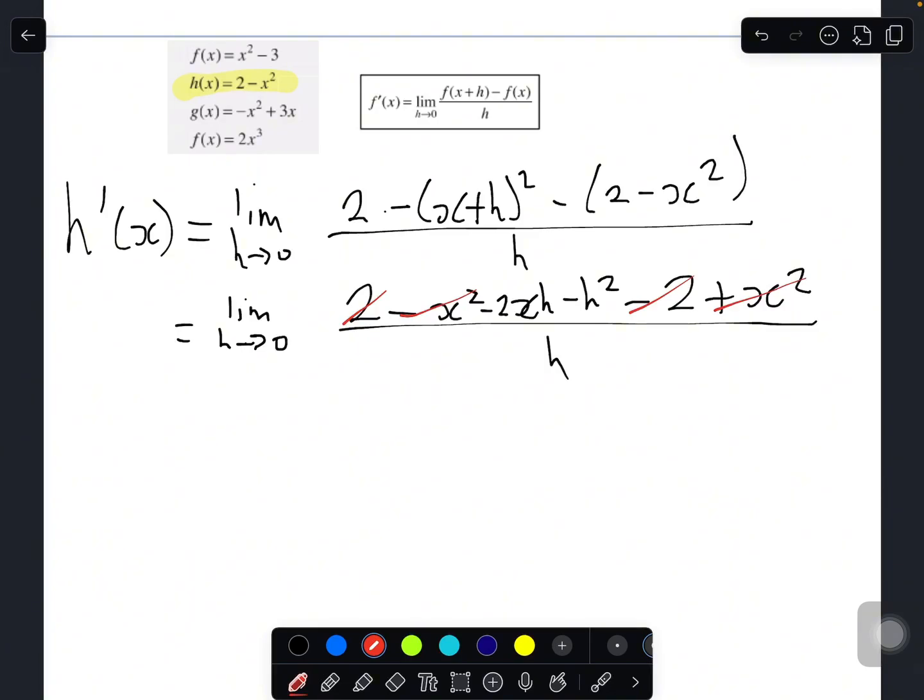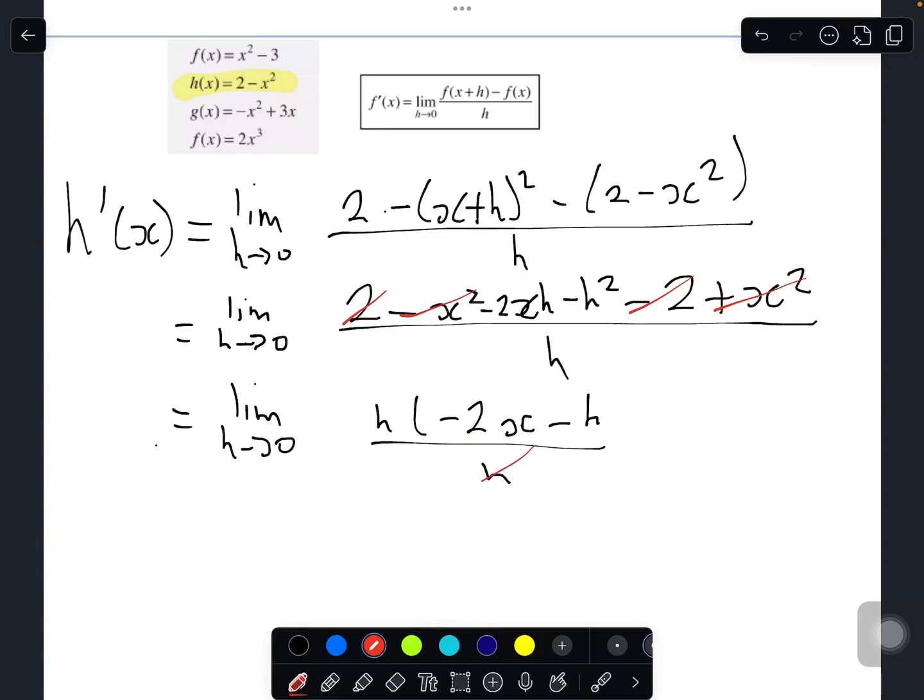And that's going to give me, in my next line, the limit as h approaches 0. So I can take out negative h or just h as a common factor, and I'll be left with negative 2x minus h all over h.